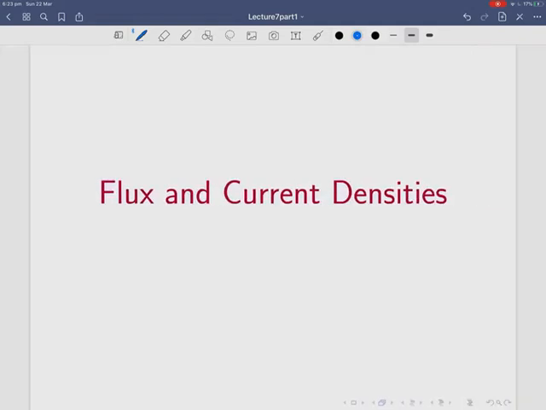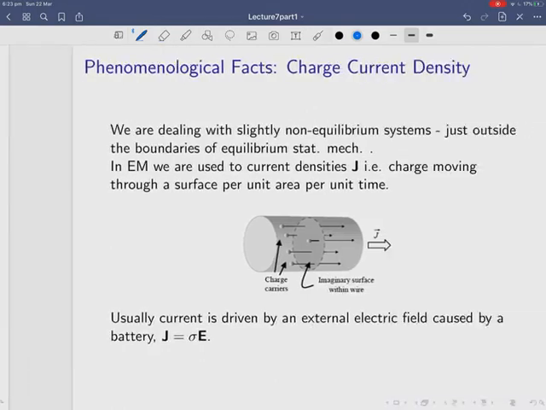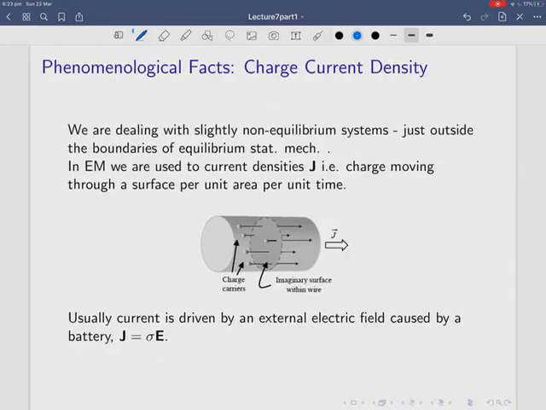So, to start off with, we need to look at flux and current densities. Now, how do we define those? Well, you've actually seen these before. For instance, you've seen the charge current density when you're dealing with electromagnetism. This is a phenomenological thing.